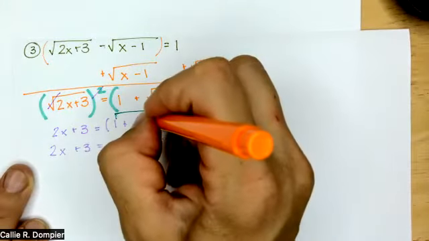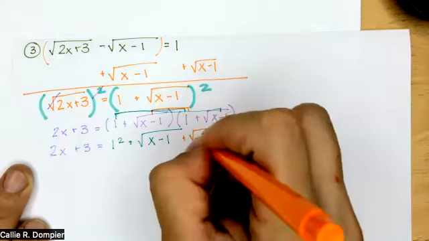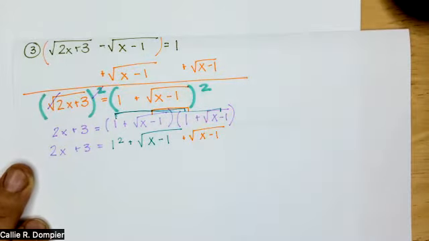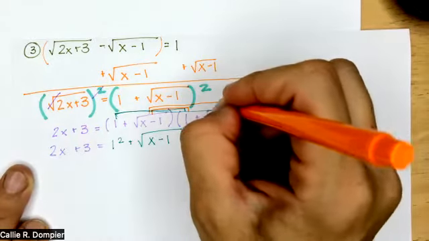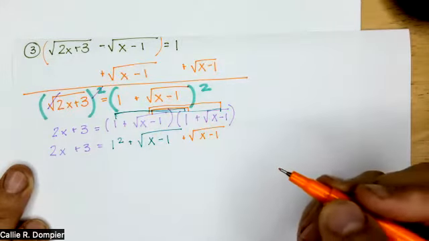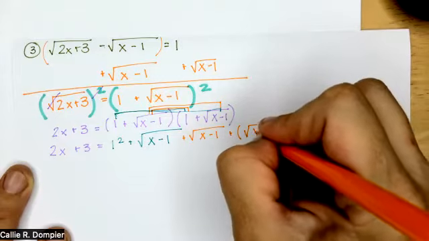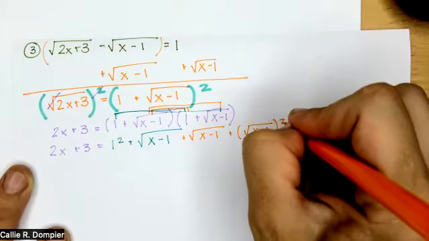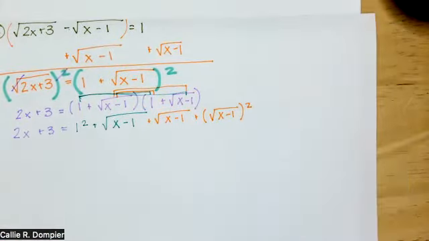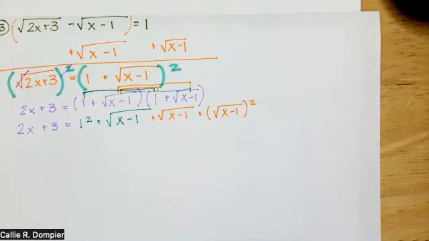The inside is the square root of x minus 1 times 1, so that's just the square root of x minus 1. And then the last is the square root of x minus 1 times the square root of x minus 1. Good.